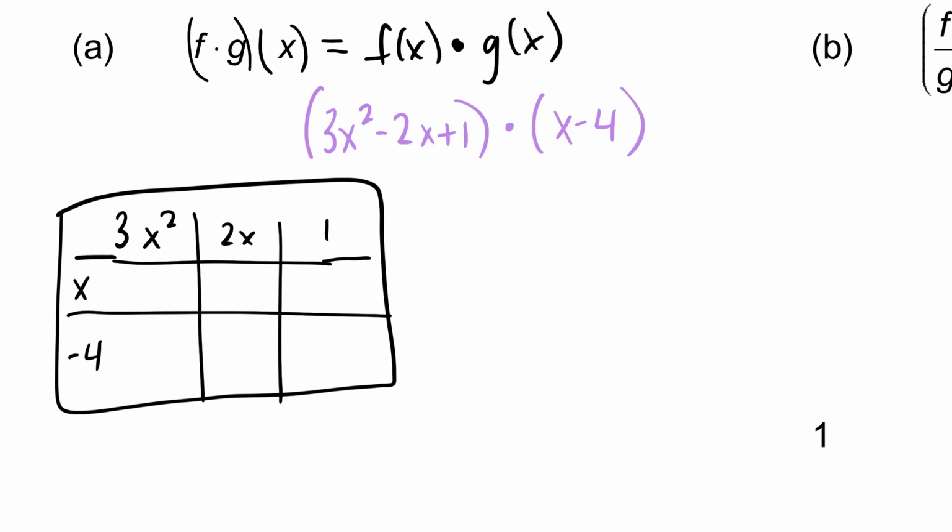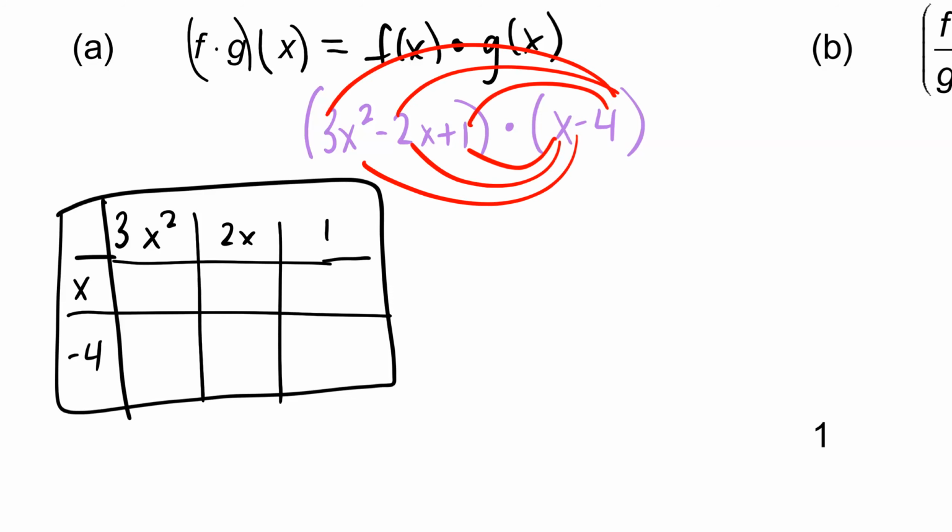That's really a lot. So what you can do is make a box, and as long as you multiply every term of x minus 4 by every term of the 3x squared minus 2x plus 1, you'll be good. So this is doing exactly like distributing and multiplying. That's exactly what this is showing in the box. It's just maybe a little easier so you keep track.